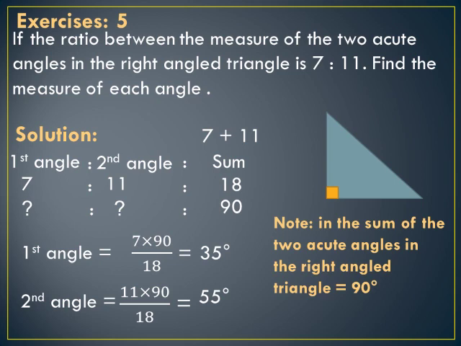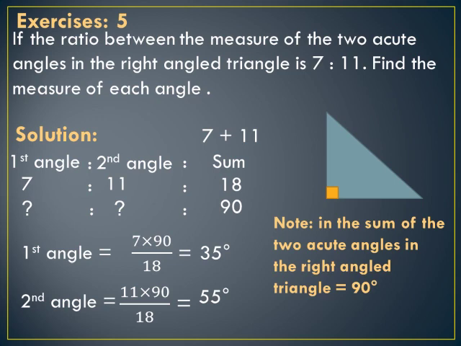Okay, primary. Again, in this very important exercise, we have the ratio between the measures of the two acute angles in the right angle triangle, 7 to 11. Find the measure of each angle. As we know from last year, the sum of the two acute angles in the right angle triangle equals 90. So this is the word sum.